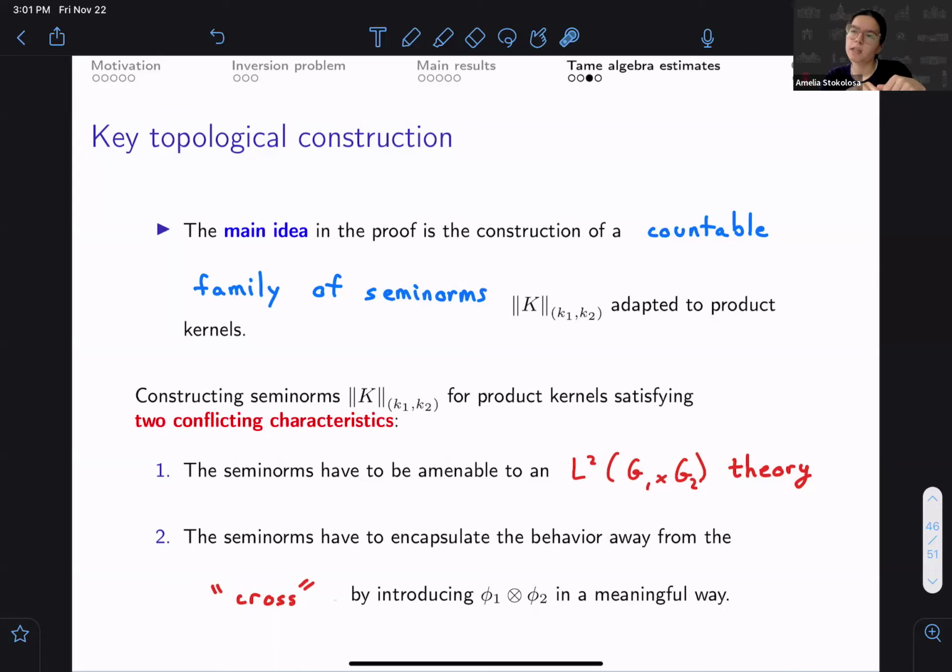So you want the seminorms to be amenable to an L2 theory. But on the other hand, you want to encapsulate the behavior away from each branch of the cross by introducing test functions in a meaningful way. And there's a little bit of work and fine-tuning that needs to be done here to obtain the right seminorms.